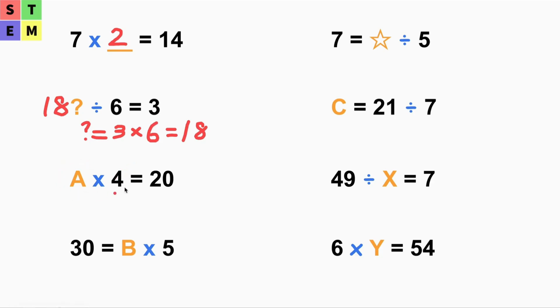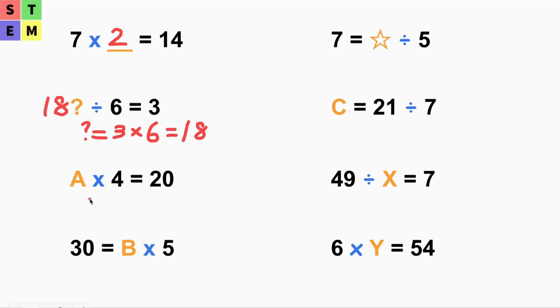Next, 8 times 4 equals 20. So what should be the A there? Let's try 3 times 4 first. 3 times 4 equals 12. It's still small, it hasn't reached 20 yet. So let's try 6 times 4. 6 times 4 equals 24.